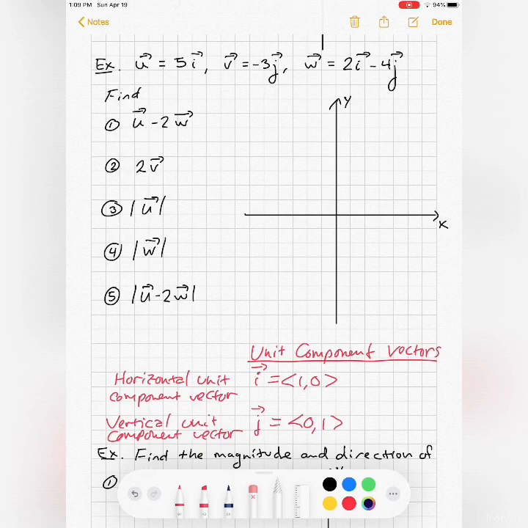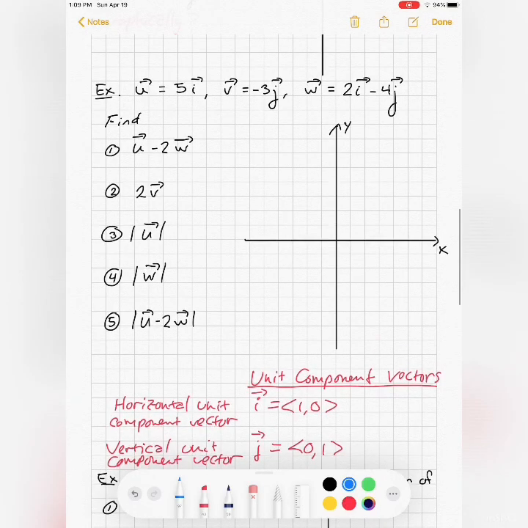Okay, so looking up here at, say, the vector u, 5 times the vector i. That means u could be rewritten as 5 times 1, 0. So wouldn't that be equivalent to just 5, 0?